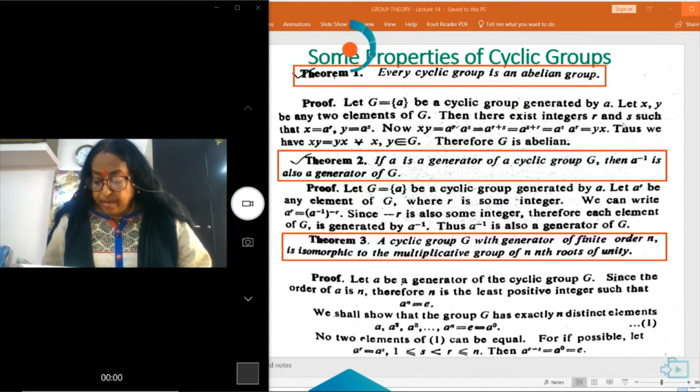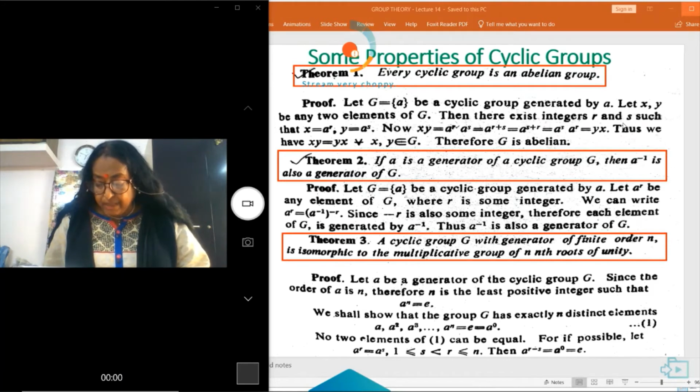Now, theorem. A cyclic group G with generator of finite order n is isomorphic to the multiplicative group of nth roots of unity. Let a be a generator of the cyclic group. Since the order of a is n, therefore n is the least positive integer such that a to the power n is equal to e.